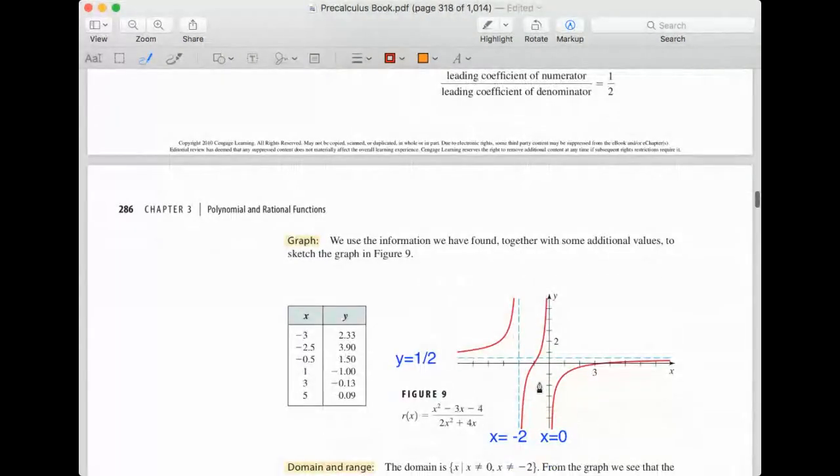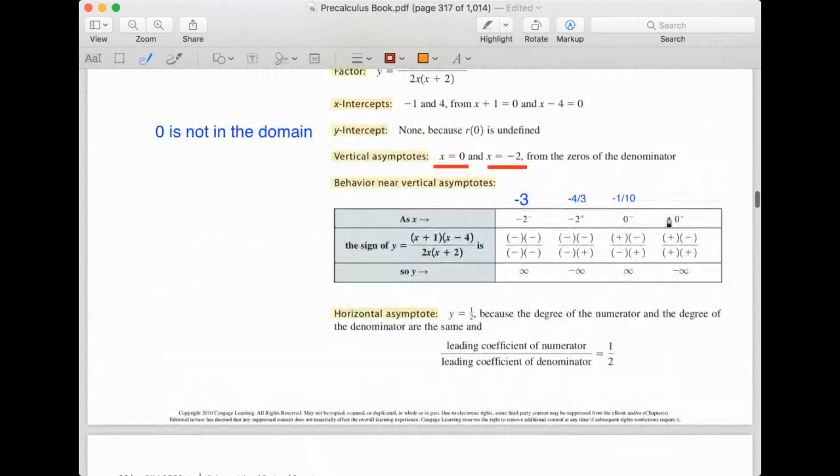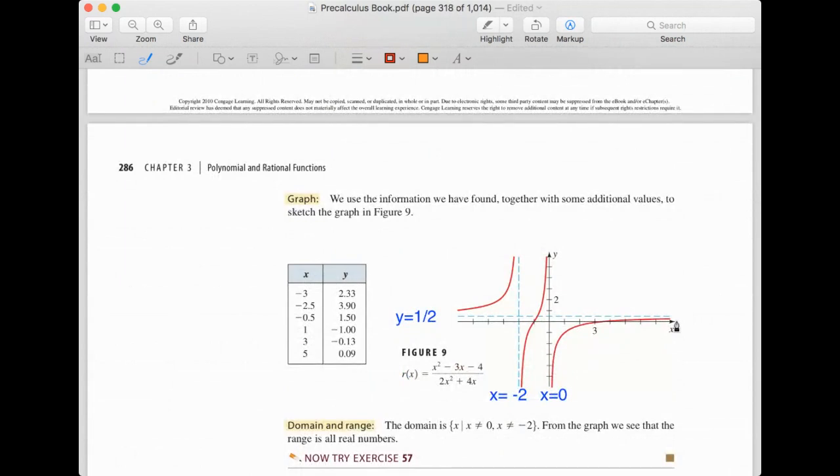That means the graph in this interval is above the x-axis, or the horizontal asymptote. Then we want to find another value in the interval of 0 to positive infinity, maybe 1. Then we get a positive, negative, positive, positive, so we get negative. That means the function value is below the horizontal asymptote. So we get this branch.